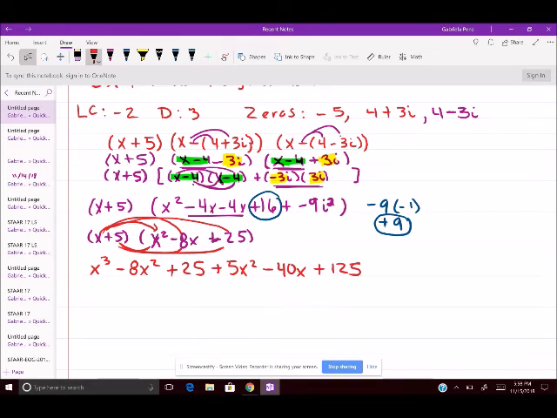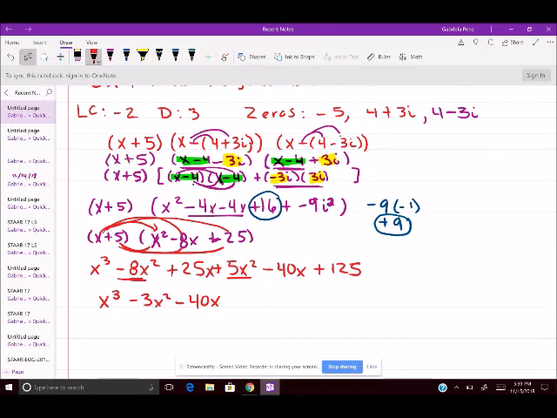So from here we would combine like terms. So the x cubed stays. This is an x squared, this is an x squared, so this becomes a negative 3x squared. We only have a negative 40x. But then we have to, oh, I forgot to put an x here, guys, actually.